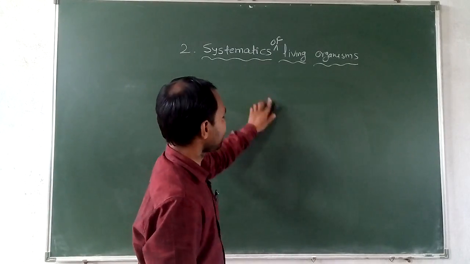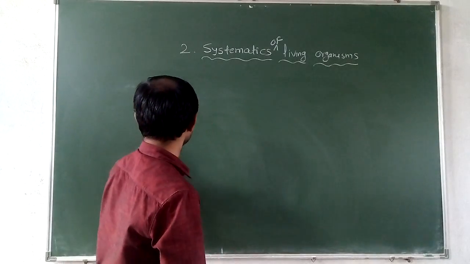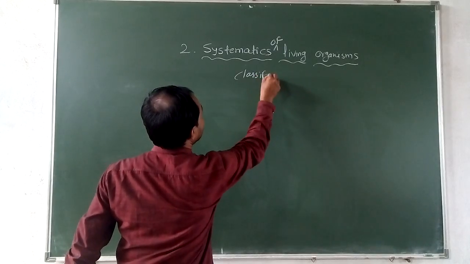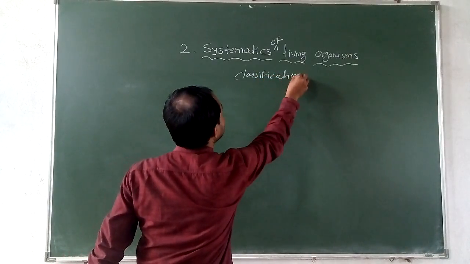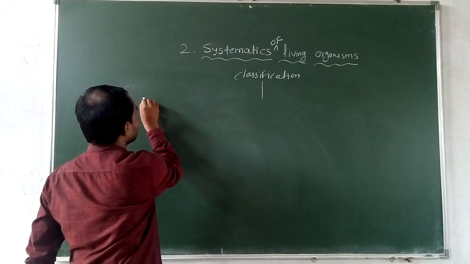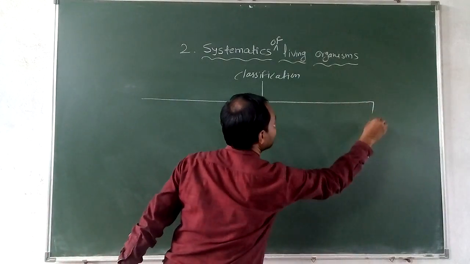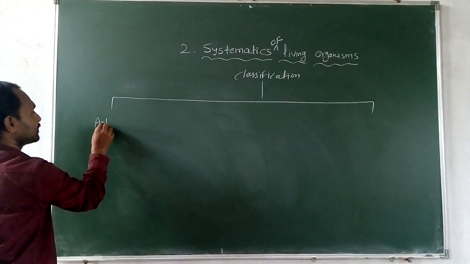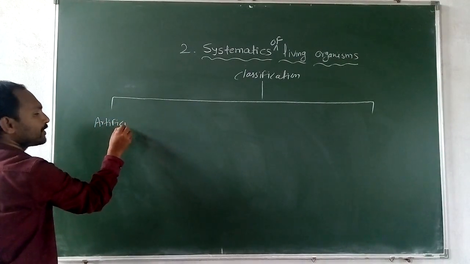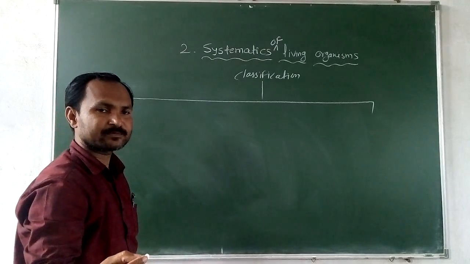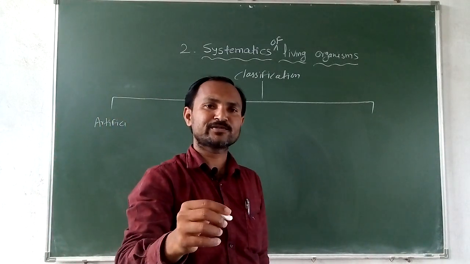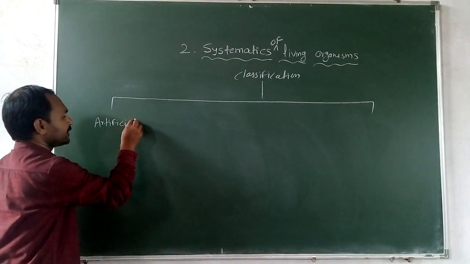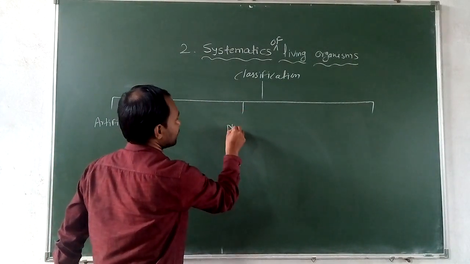With the help of a tree diagram we can also study this classification simply. Under the heading of classification, first artificial. We can study artificial, natural and phylogenetic classification comparatively, with the help of comparison.